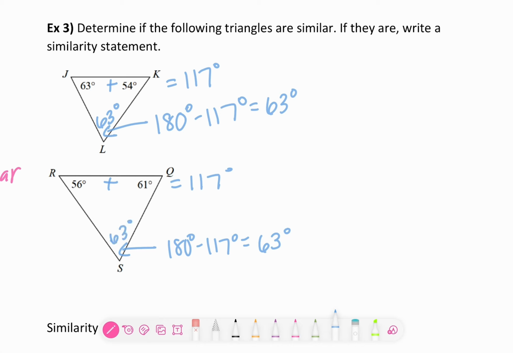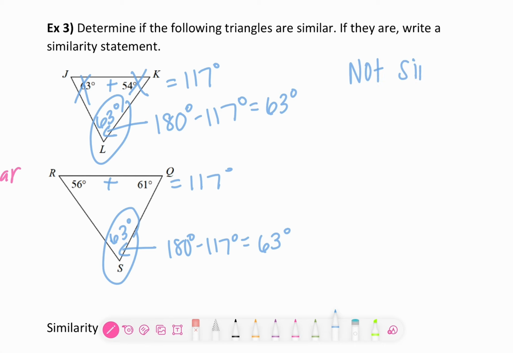Now, in order for them to be similar, I need to be able to find 3 pairs of corresponding angles. For example, I know that angle S and angle L could correspond because they're both 63 degrees. But I don't have an angle that corresponds with K because K is 54 and there is no 54. I also don't have an angle that corresponds with J because it's 63 and we have a 61 left, right? So because not all 3 angles have a corresponding angle that's the same measure, they are not similar.